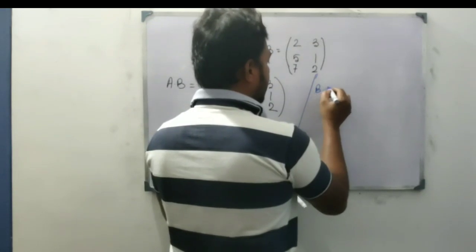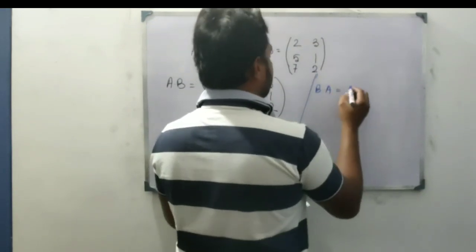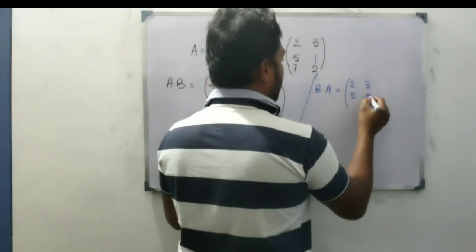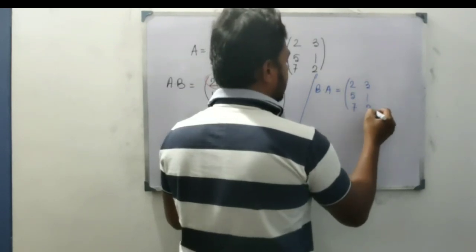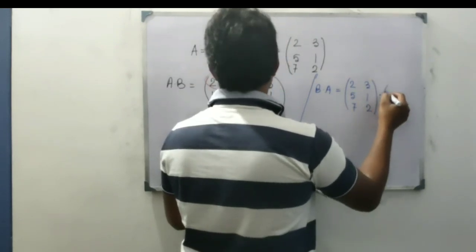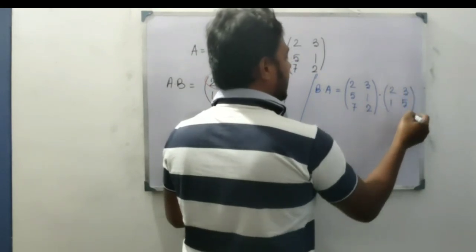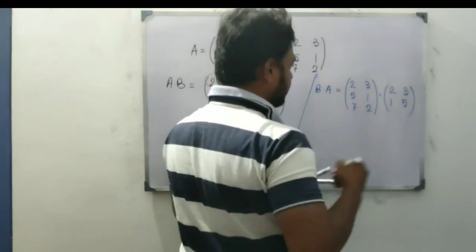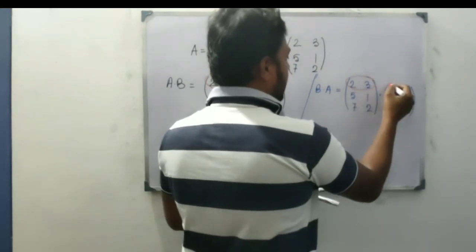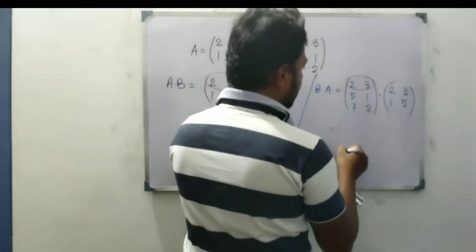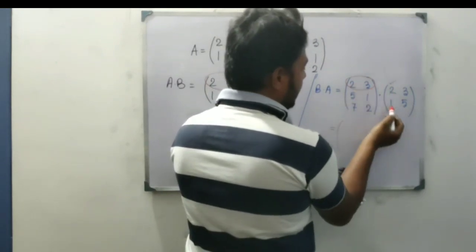To compute BA, you have to write B first. So B is 2 3 5 1 7 2, dot A, meaning 2 3 1 5. Now consider the first row and consider this column. Then the inner product is possible. Why? 2 2s are 4 and 3 1s are 3.